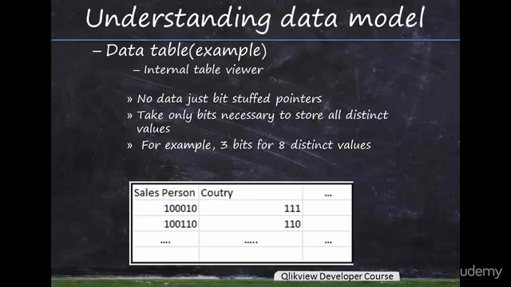And if you're wondering where the data is, truly, data is not lost, since anytime a value needs to be extracted, QlikView can look up the value in the symbol table. So data tables contain just the pointers and no data.